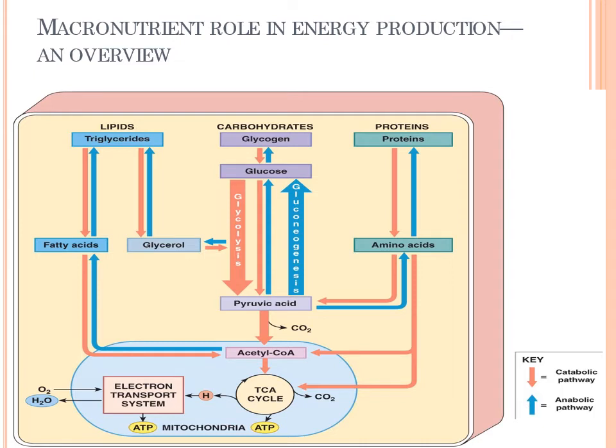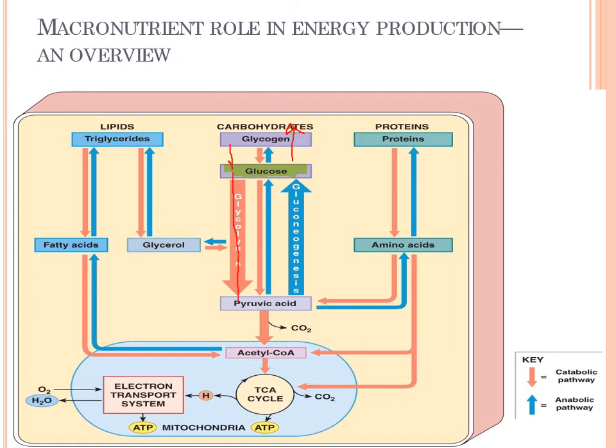Here's an overview of metabolism in general. This is a little bit hard to follow, but let's start with glucose. So we'll start right in the middle with glucose. In the presence of excess glucose, glucose can be converted into glycogen. So that goes this direction. And then when we don't have enough glucose, glycogen can be broken down into glucose.